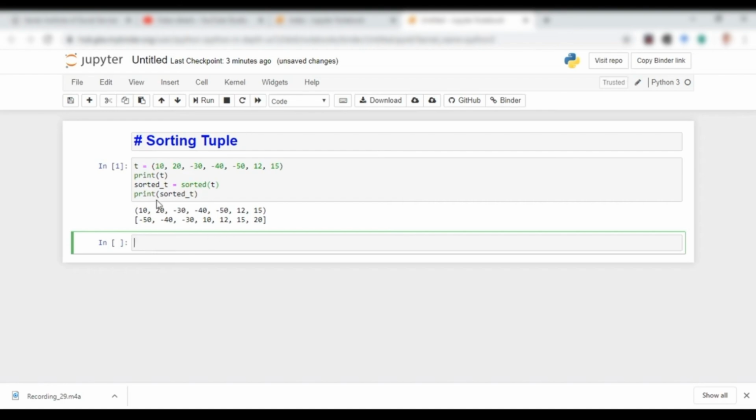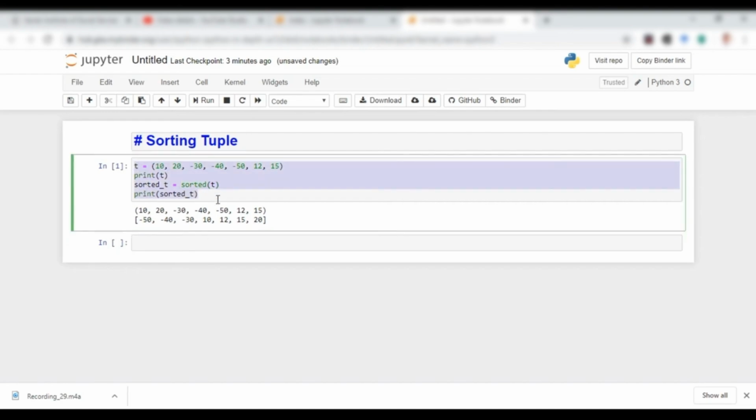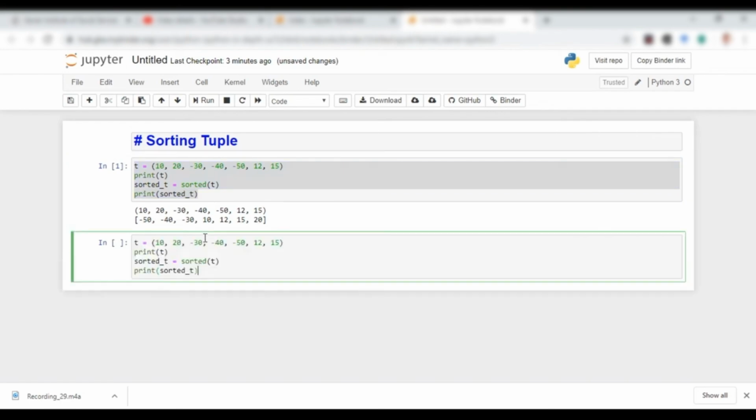So to do that, there is a small trick for doing this. Here I am copying and pasting the same code, and here sorted_t I have written within this function. This variable is declared for sorting the tuple t, and then within the function sorted, I would just provide one argument which says key equal to abs, right?